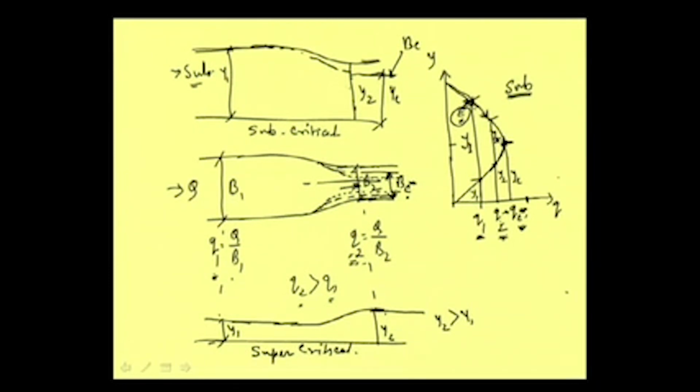In fact, this indirectly will allow the water to impound upstream, which will make the energy level higher at the upstream, and that higher energy level will push the water through this narrow portion. And graphically, for a higher energy level, we will be getting another curve like this.